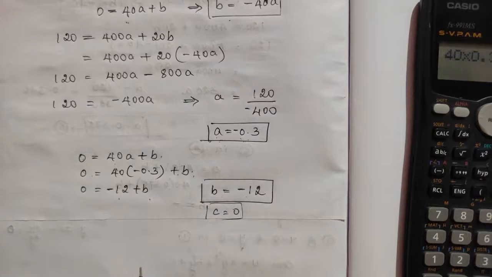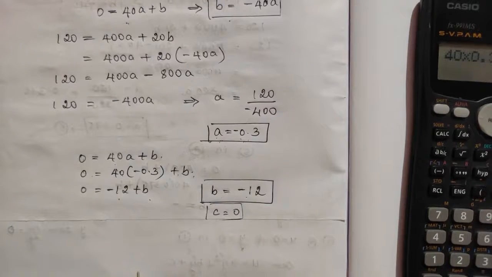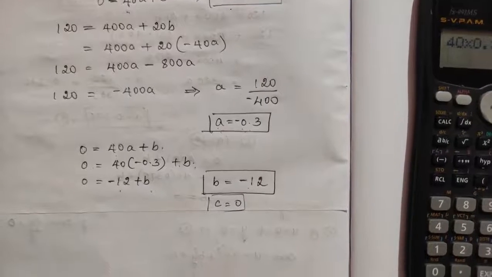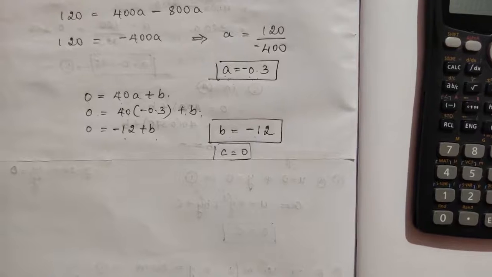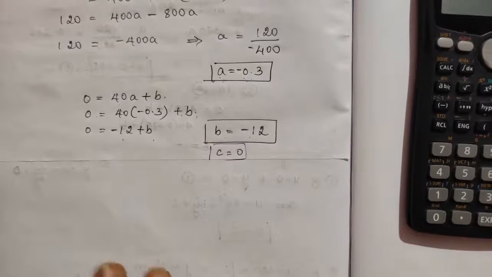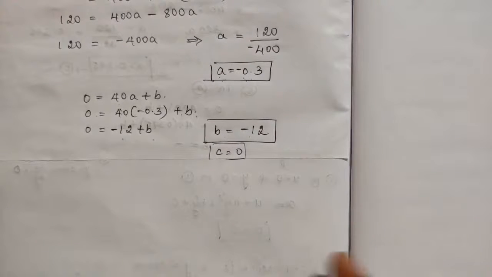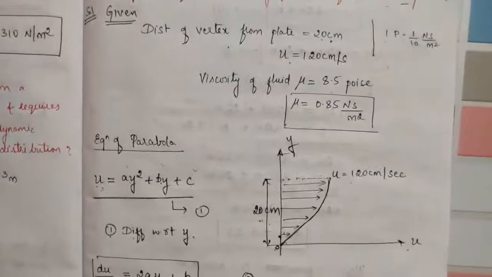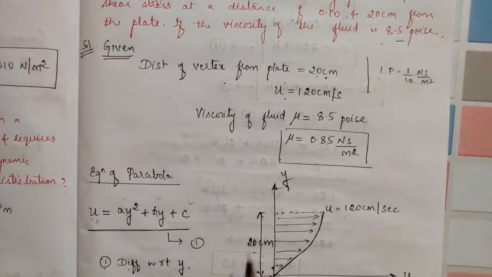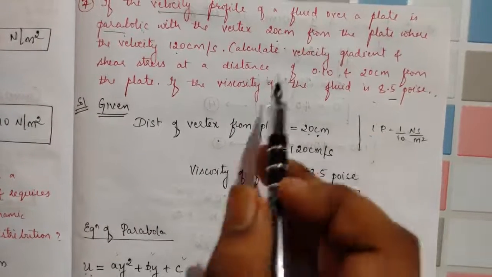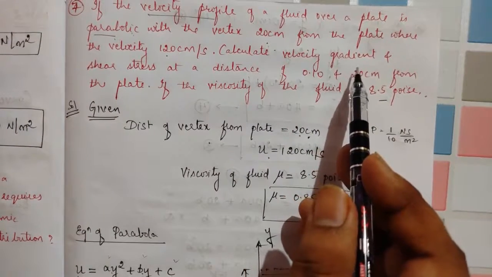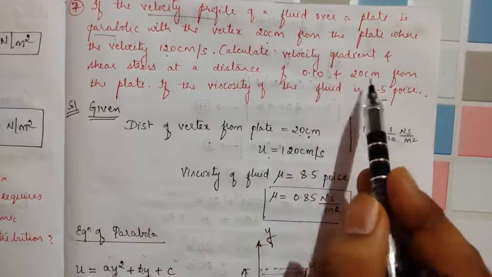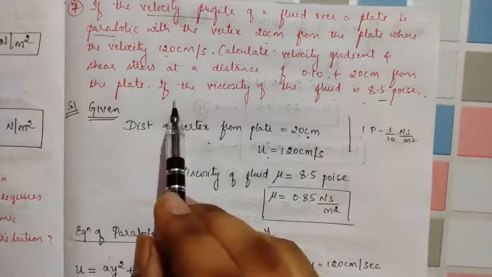Now we'll solve further. So for the parabolic equation, I got the value of a, b and c. Now I can solve the equation as required by the question, right? So the question is, we have to calculate the velocity gradient, that is du by dy, and shear stress at distances of 0, 10 and 20 centimeter from the plate.